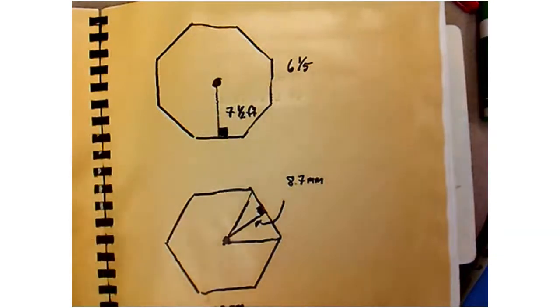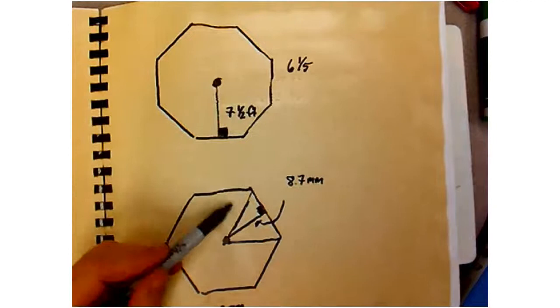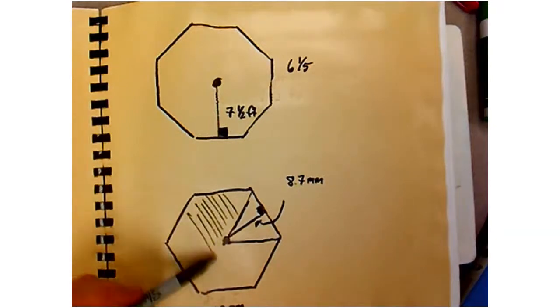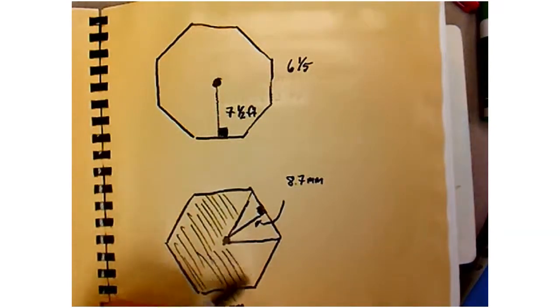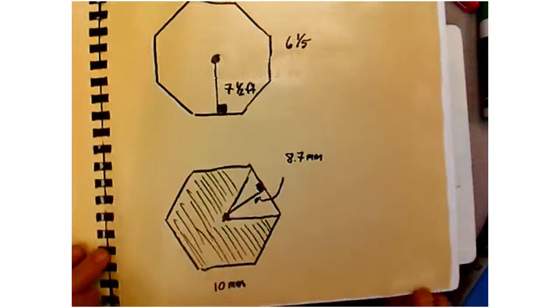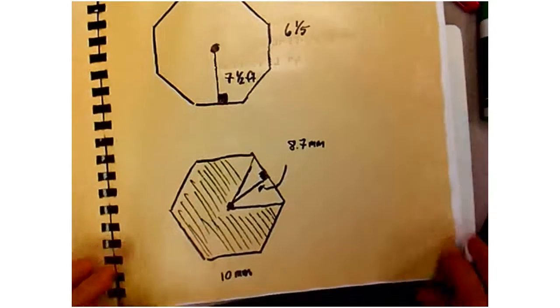Okay, so we have number 10. Take a look at that. You need to have a plan. You need to think about what you're going to do here because the directions say find the area of the shaded region.